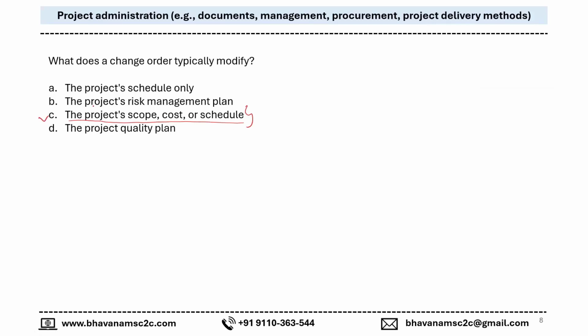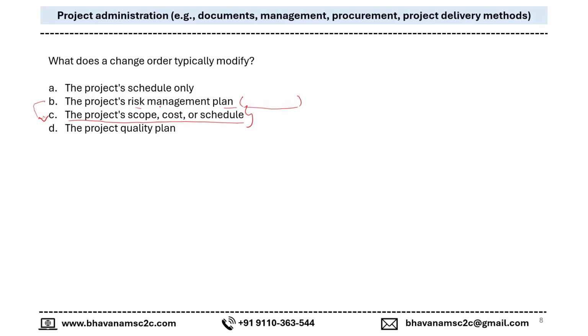And why not the project's risk management plan? The risk management plan is for cost mitigation and other related queries raised by the clients and the consultant, so it's not with the risk management plan. That's exactly the reason we choose scope, cost, and schedule.